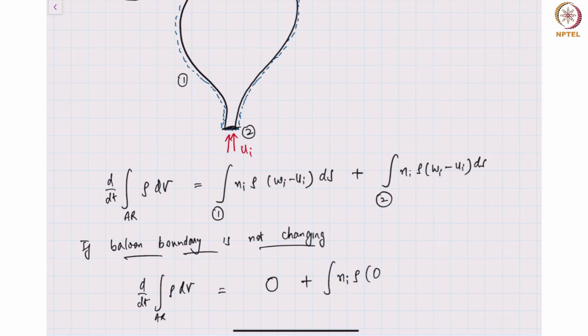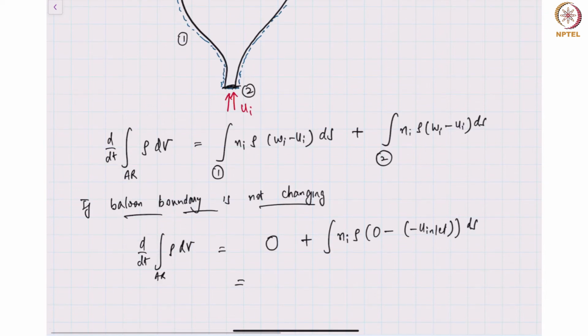This is non-zero, but since you're pumping fluid into the boundary, it will be minus ni rho u inlet ds.